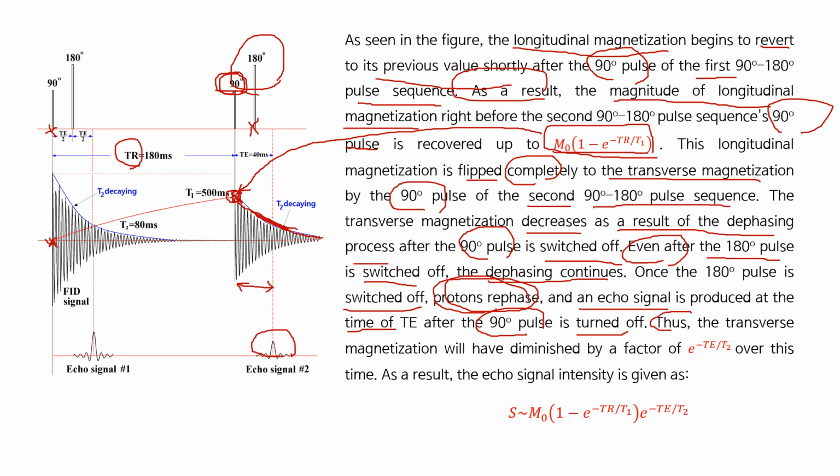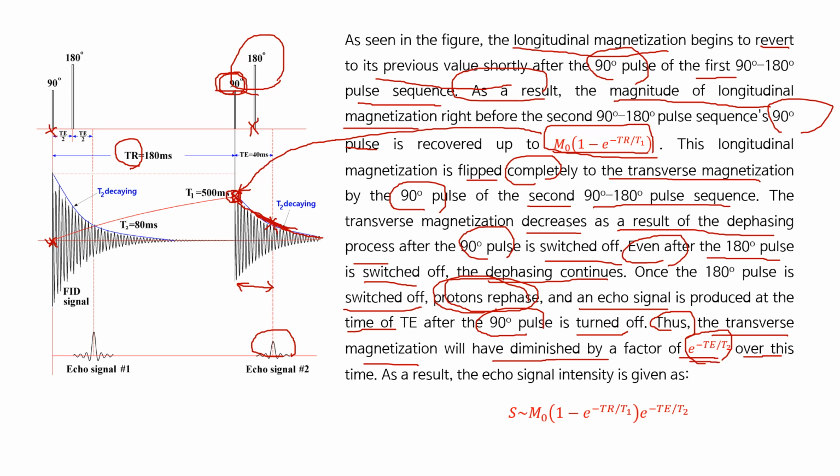Thus, the transverse magnetization will be diminished by the factor of exponential minus T over T2 over this time. So transverse magnetization is decaying for a time of TE. The decreasing factor is given by this form.